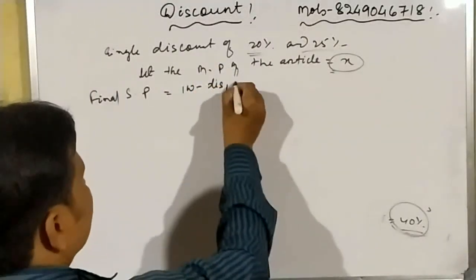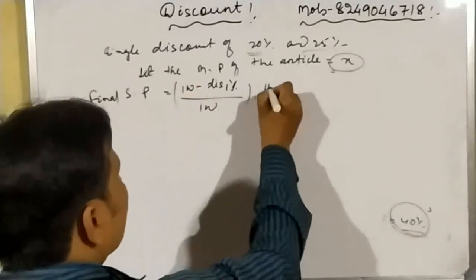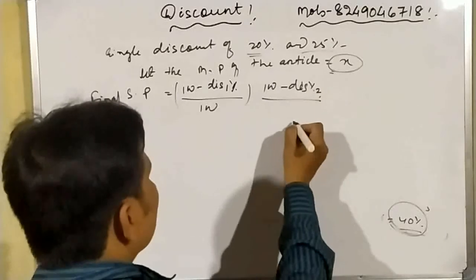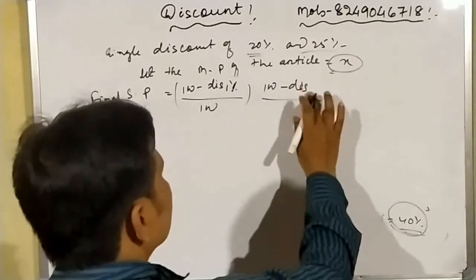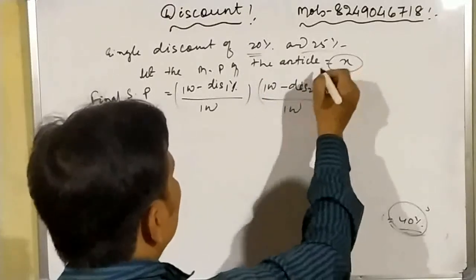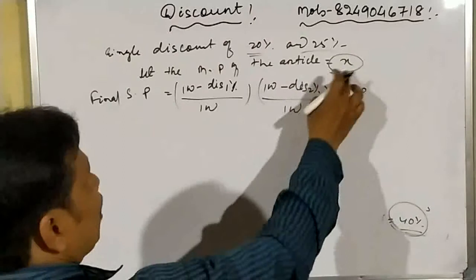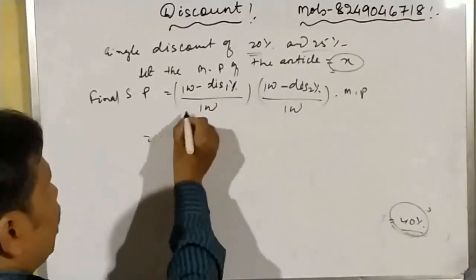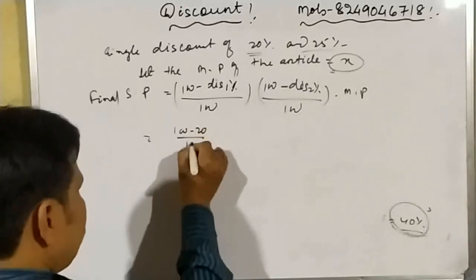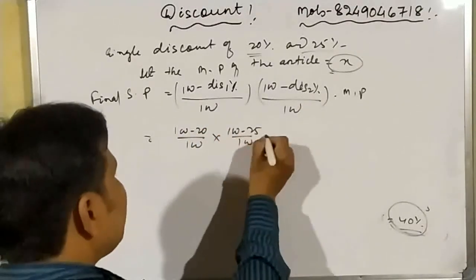divided by 100 into (100 minus discount percentage 2) divided by 100 into the mark price. Okay student, we have taken the mark price as x, so it will be (100 minus 20) by 100 into (100 minus 25) by 100 into x.